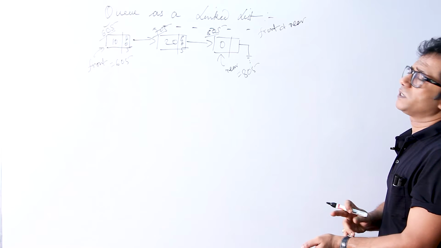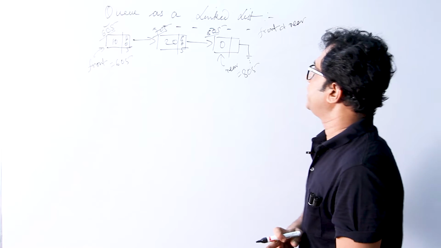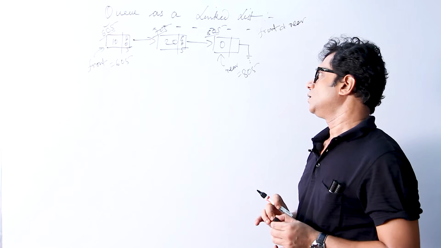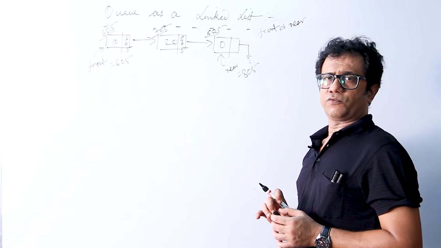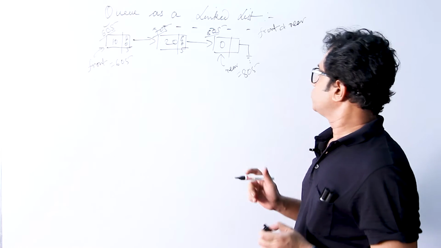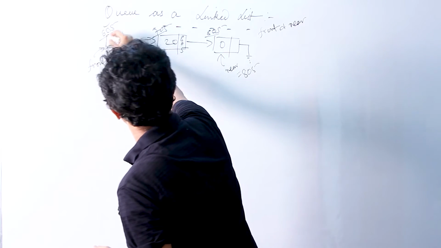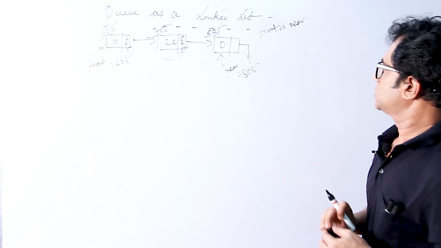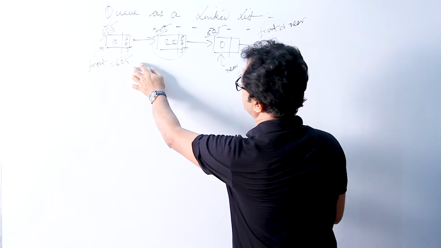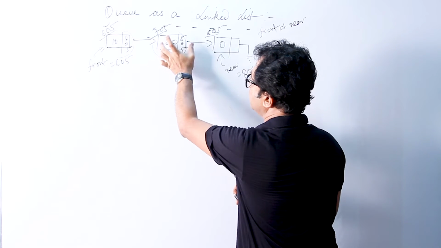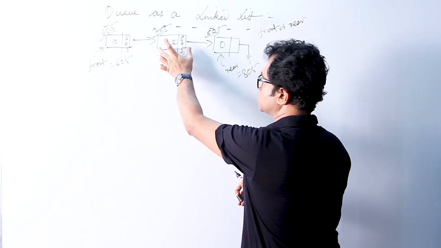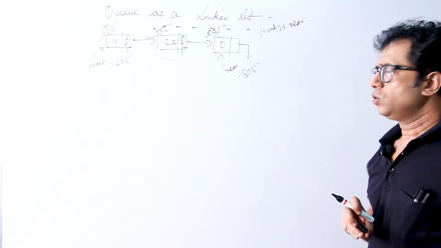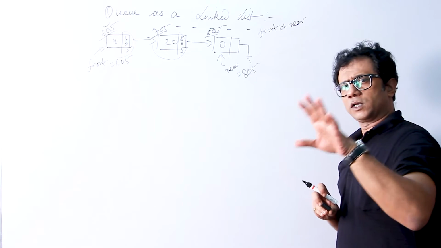For this Q representation to be defined as a user defined data structure, we use the structure definition for Q as well as the structure definition for the individual nodes which make up the Q. So first we have to write the structure definition of the individual nodes, the memory blocks in the Q, and after that we are going to define the structure of the Q data structure.